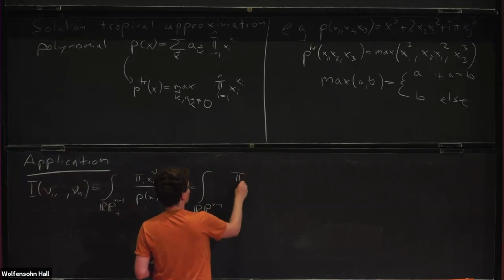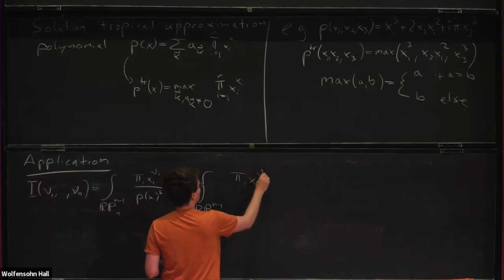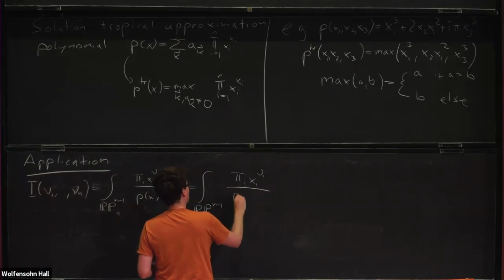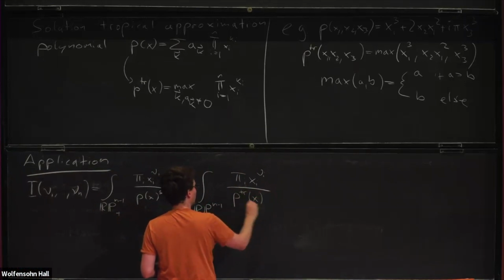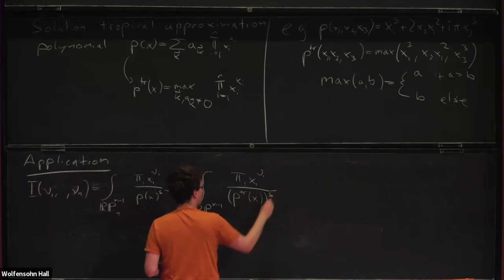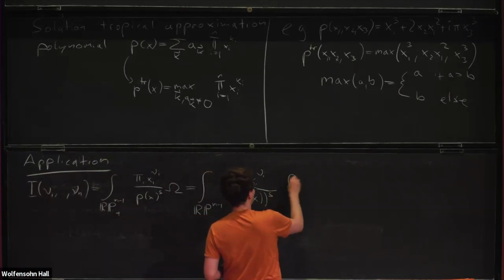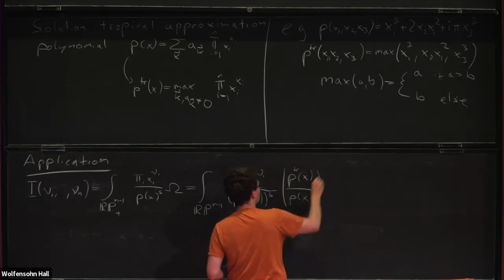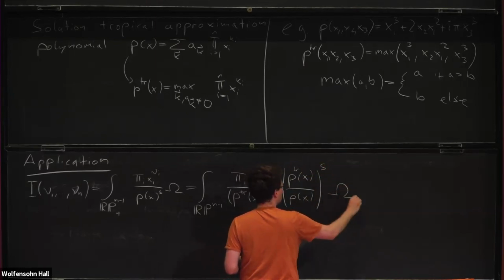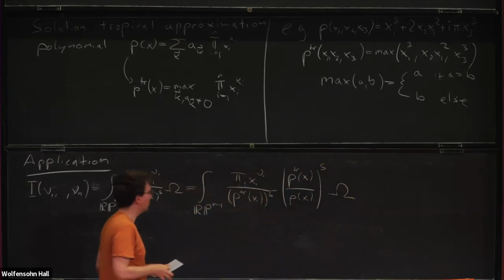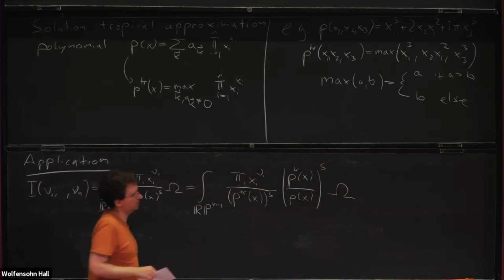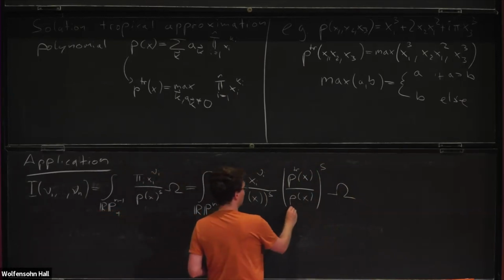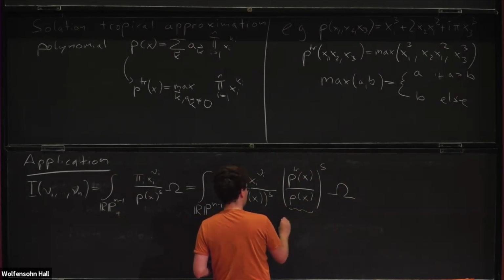And we keep this numerator, but we insert this p trop of x. And we, of course, correct for the error that we made. But now, thanks to this approximation property, we know that this part here is wedged between some constants.